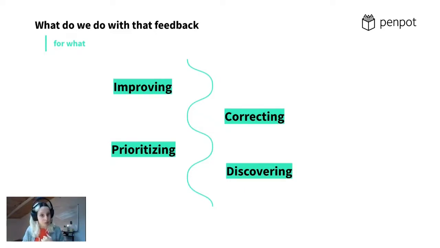For improving the tool with enhancements or whatever the tool is doing you don't want it to do, correcting bugs of the tool, things that don't work well, or anything that you think is not even working properly, discovering new things that users think people need, or functionalities, and it is useful for prioritizing the roadmap of Penpot.